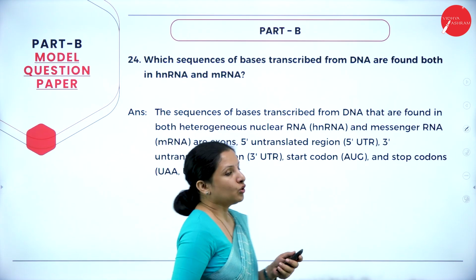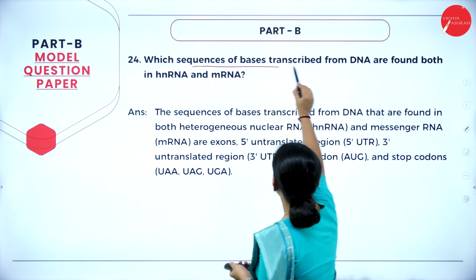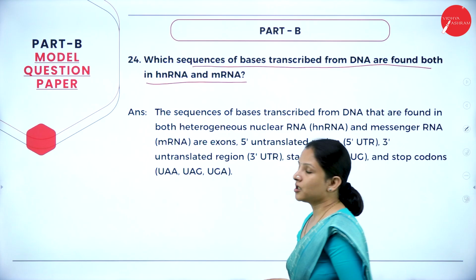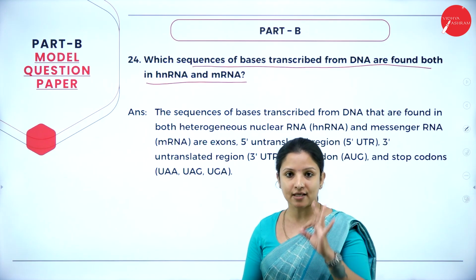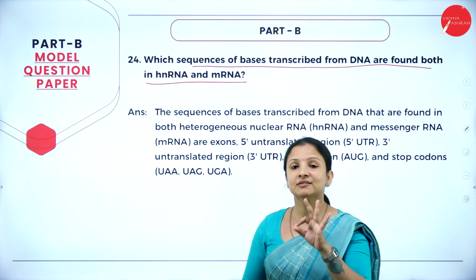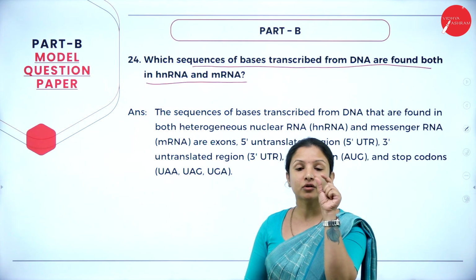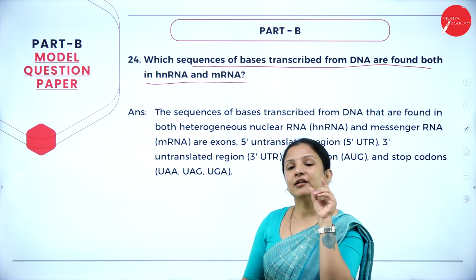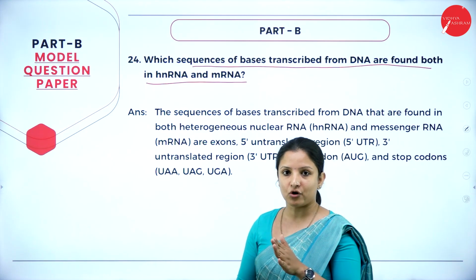Moving further, which sequence of bases transcribed from DNA are found both in hnRNA and mRNA? So what do you mean by hnRNA? hnRNA is heterogeneous RNA, because we know that in eukaryotes it is a heterogeneous RNA which consists of both exons and introns, right?